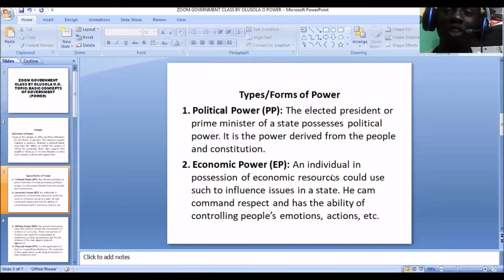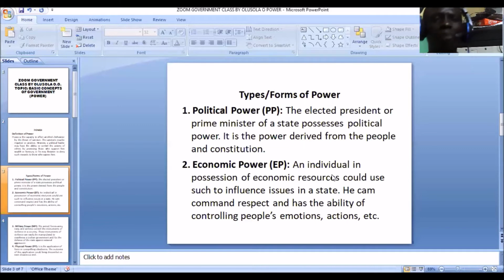But they have no choice because they have given their power to such a leader during election. And that's why it is very good to vote wisely during election.